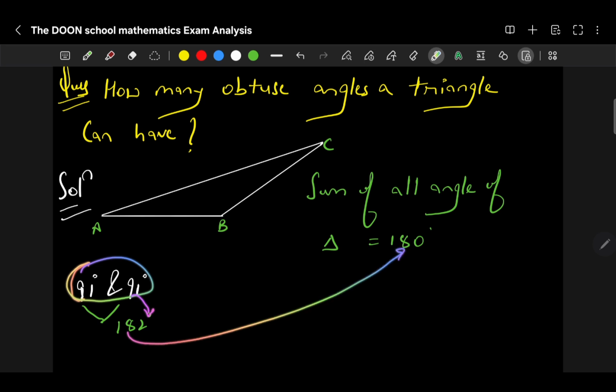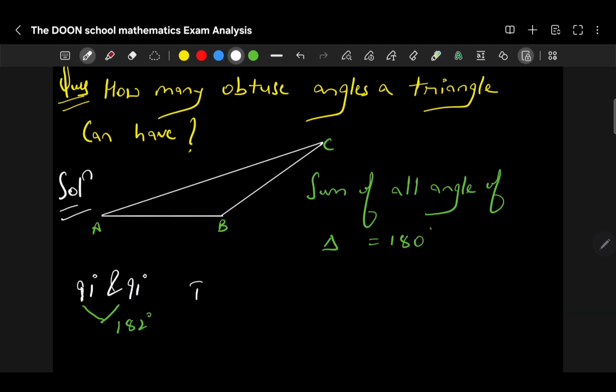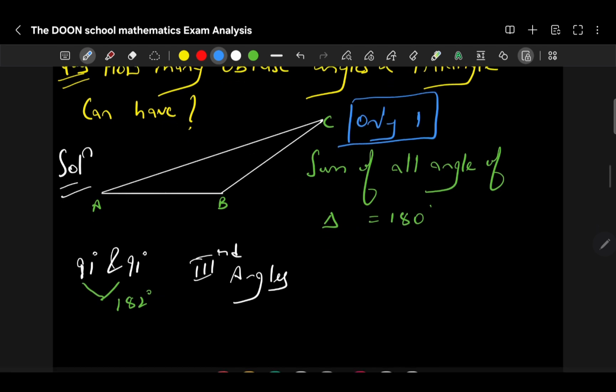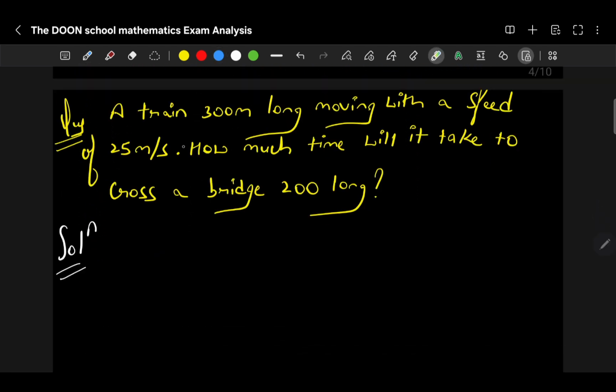That is already exceeding 180 degrees, the sum of all three angles, and there would be no space for the third angle. So only one obtuse angle is possible. Your answer is that only one obtuse angle can be formed in a triangle. This was a good question.